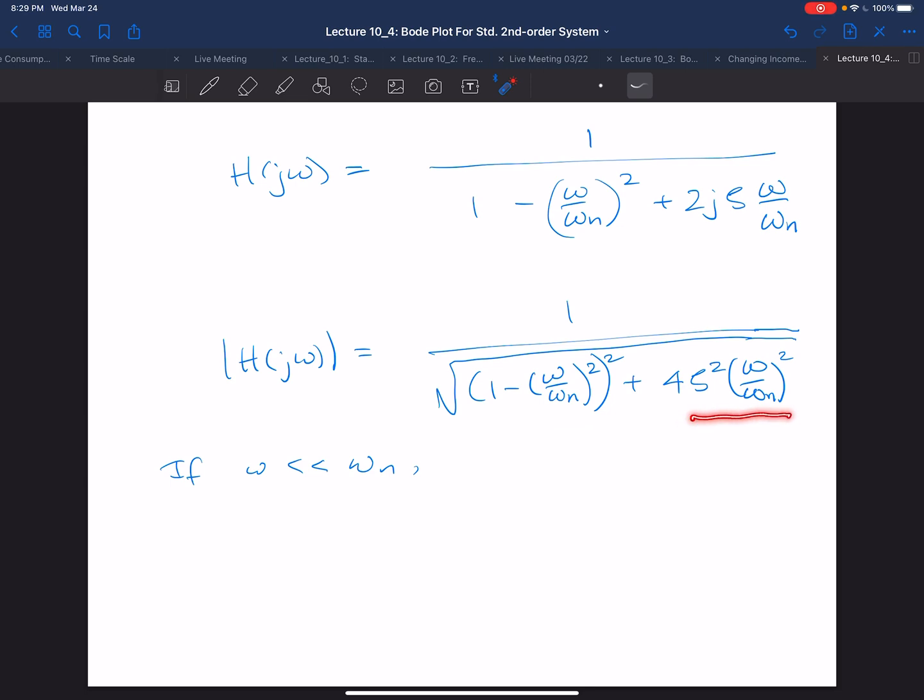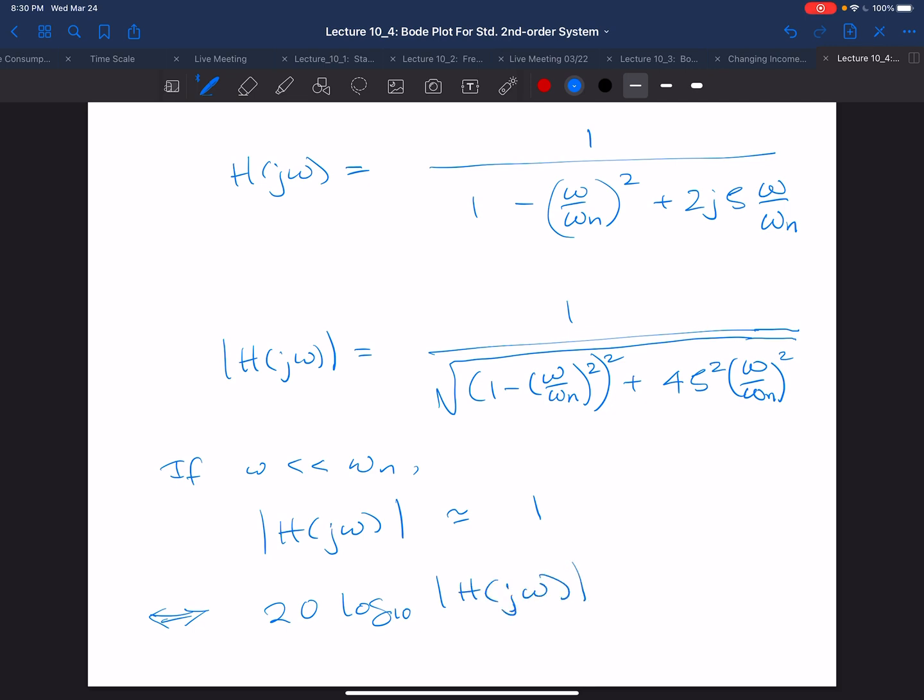We'll assume that too is negligible, since zeta is at most 1. So if omega over omega n is much less than 1, we can consider this to be negligible with respect to the 1 that we'll have here. So at low frequency, the modulus of H of j omega is approximately 1, which means that if we express it in decibels, as 20 log 10 of the modulus of H of j omega, we get 0.